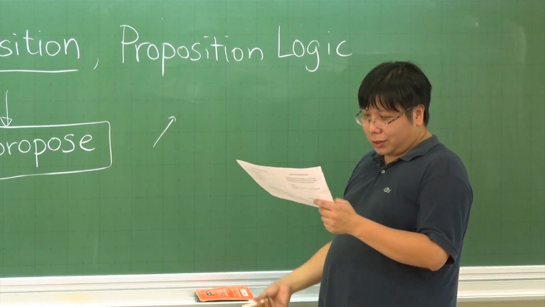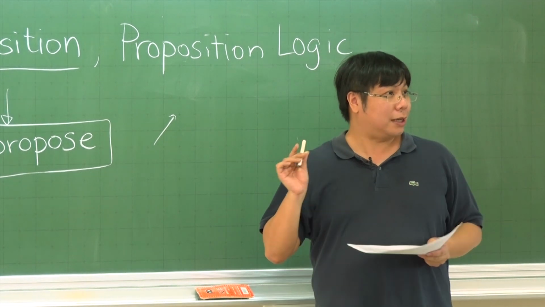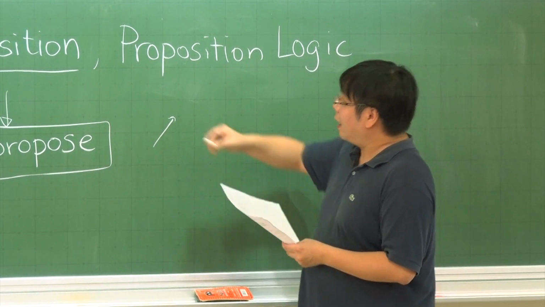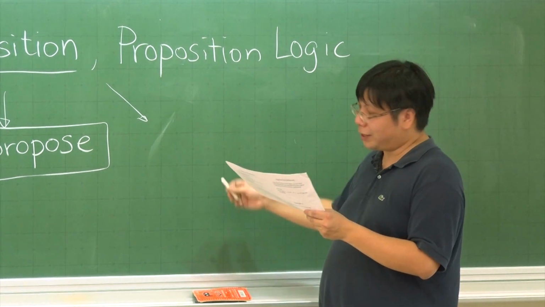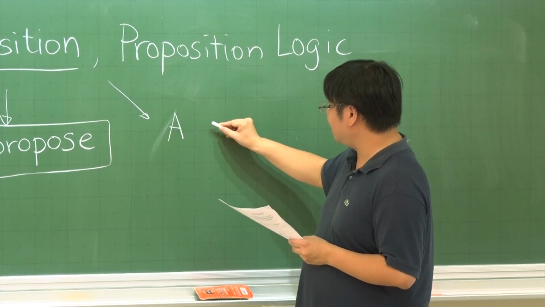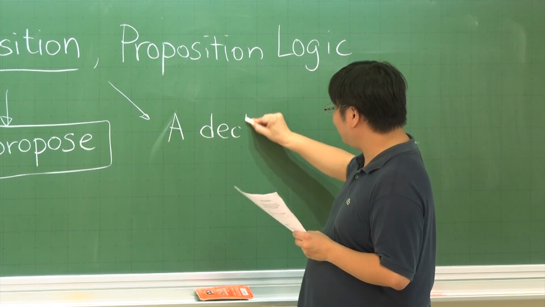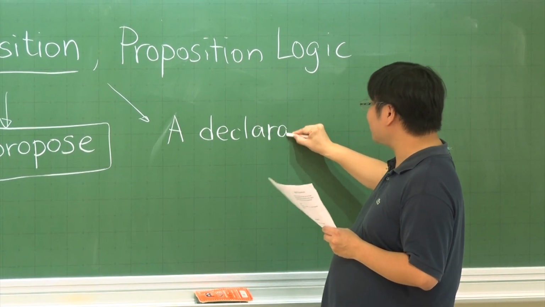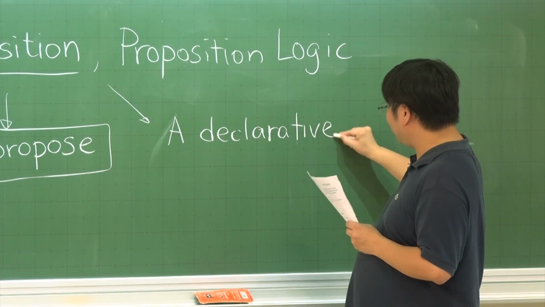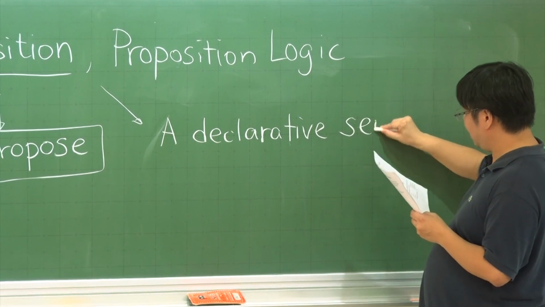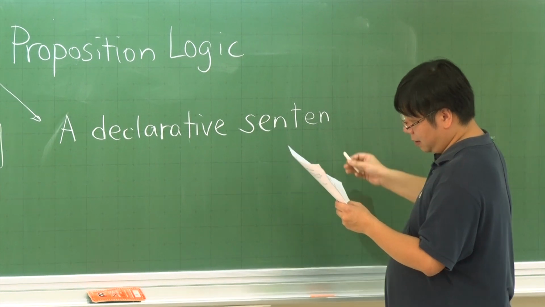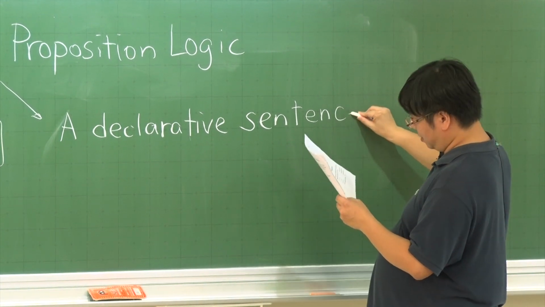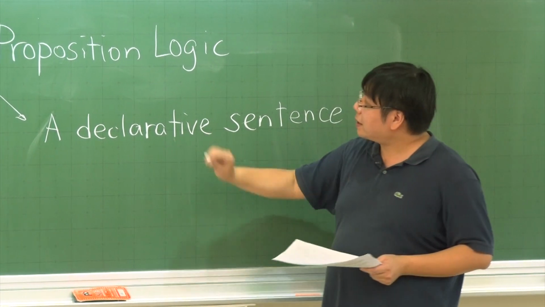So in logic or in mathematics, what is a proposition? We have a definition of it. It is a sentence, a declarative sentence. We are declaring something. Let me define something first.